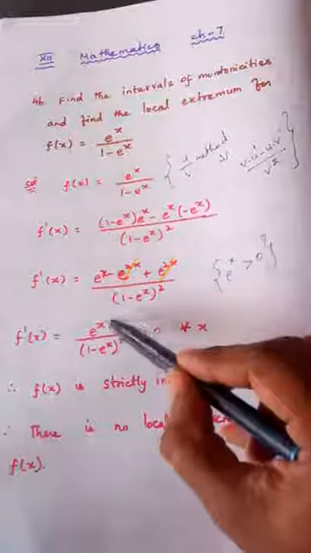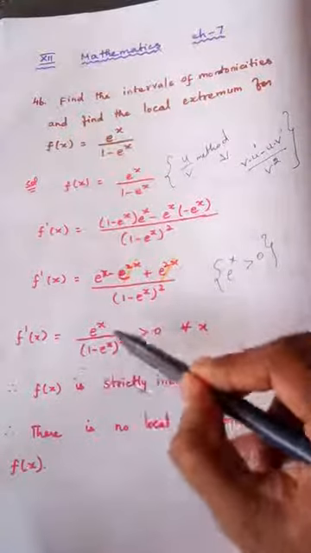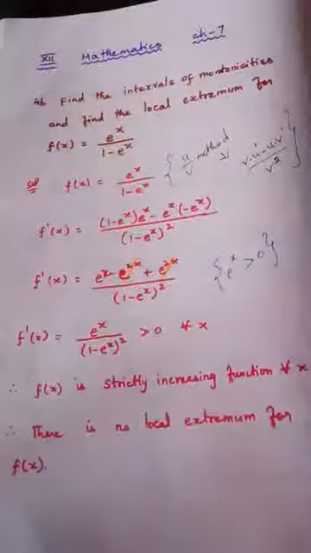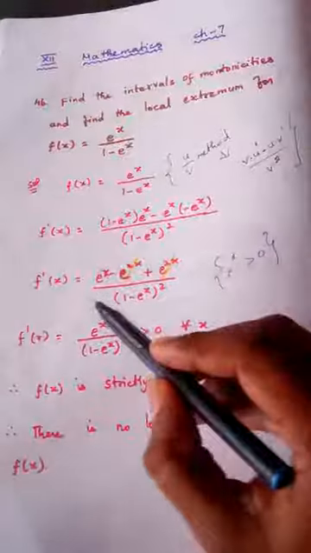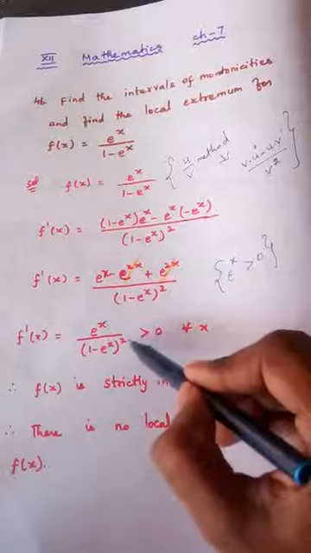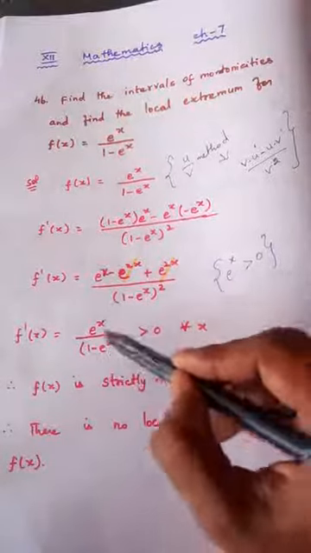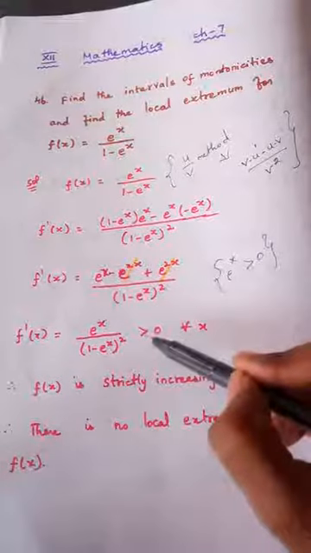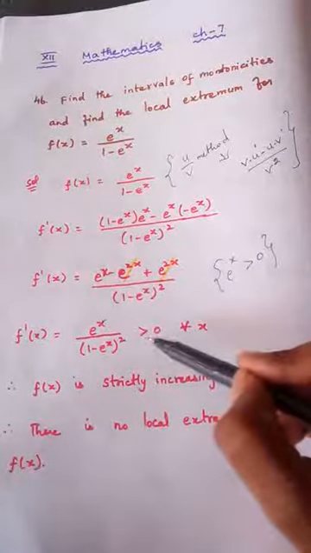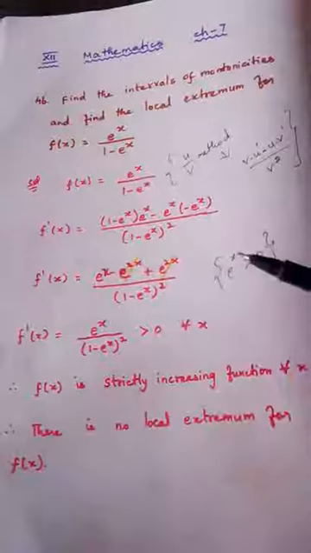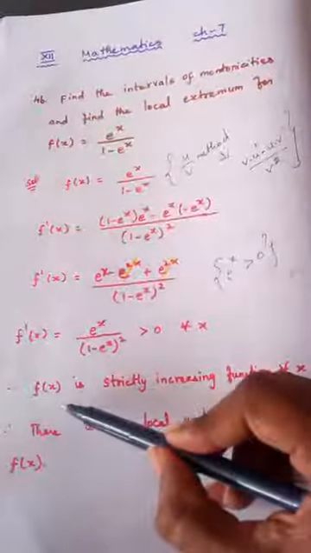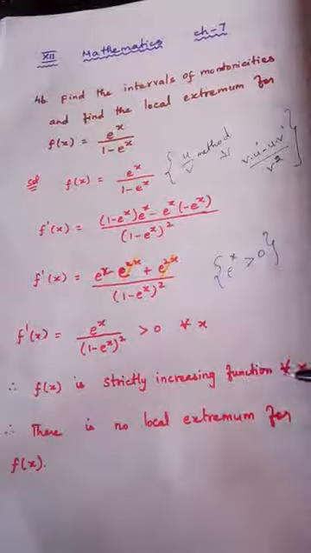Whatever the value of x may be, this entire thing will be greater than 0. Try to understand why I am telling that. The numerator is positive, the denominator has a square, so definitely it is also positive. So the entire term f dash of x will always be positive, greater than 0. What is the meaning of it? The function f of x is a strictly increasing function for all x.